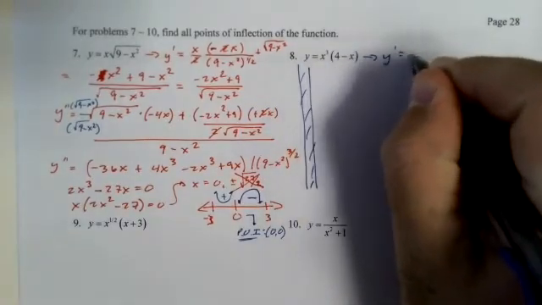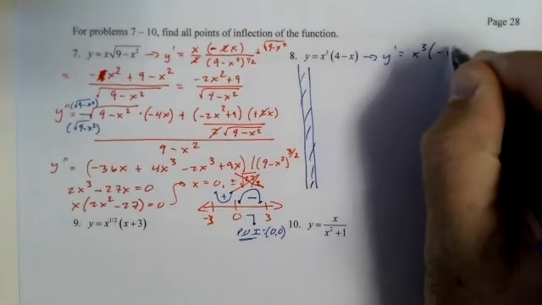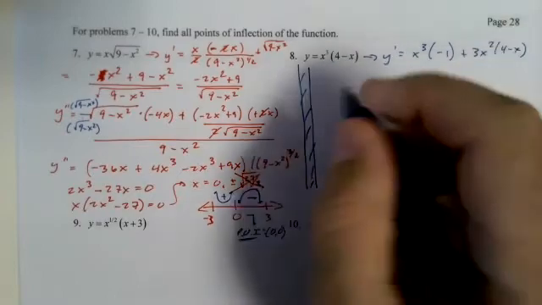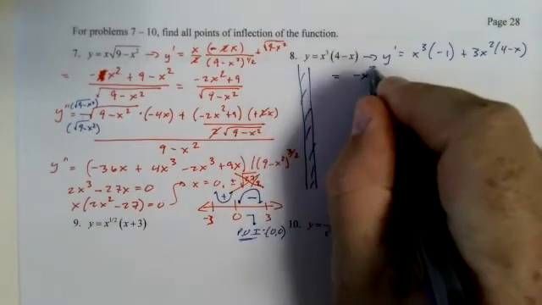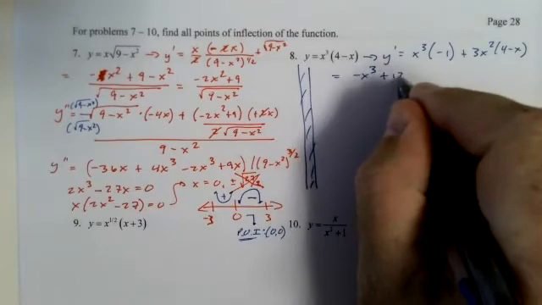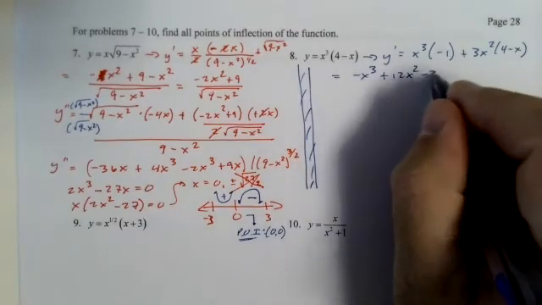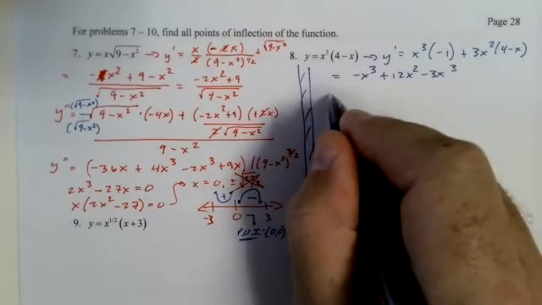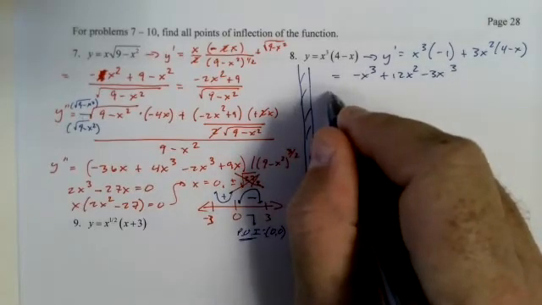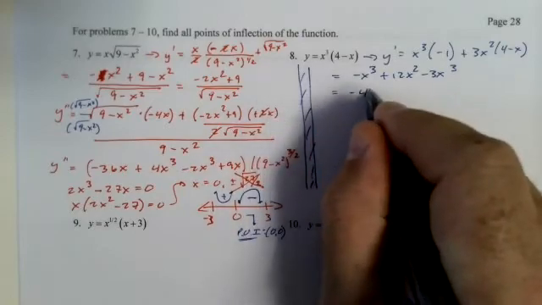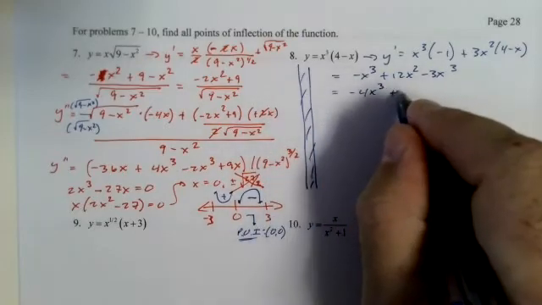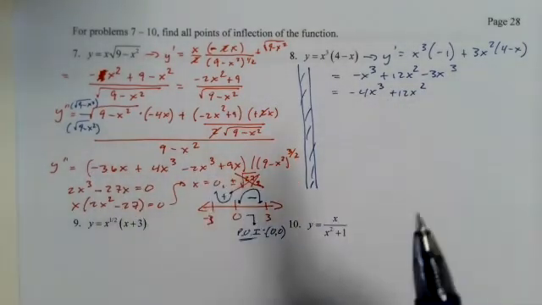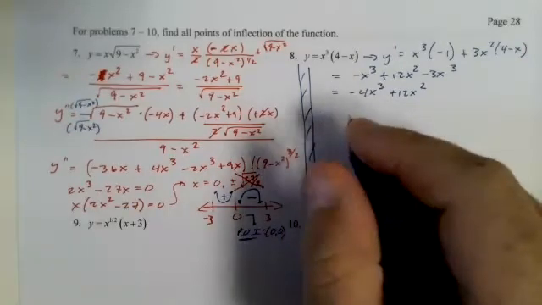Y prime, leave it, derivative plus derivative, leave it: negative x to the third plus 12x squared minus 3x to the third equals negative 4x to the third plus 12x squared. Hey, I actually did it right this time. When I say I found an error, I don't mean in here, I mean in my answer key. So apologies for the confusion.